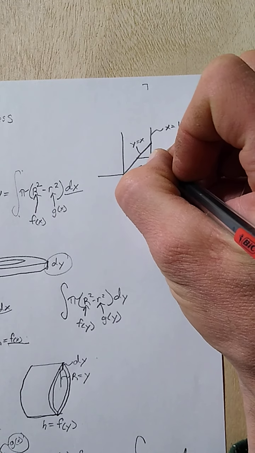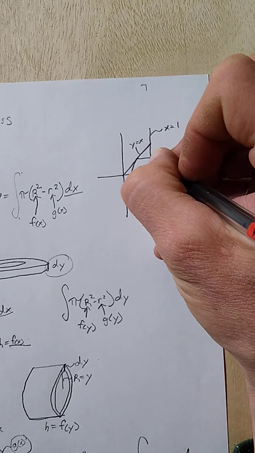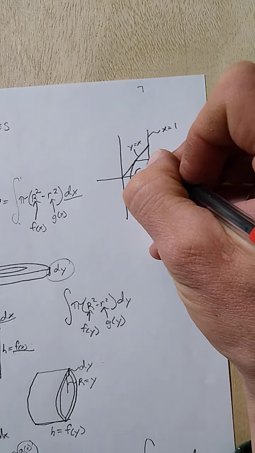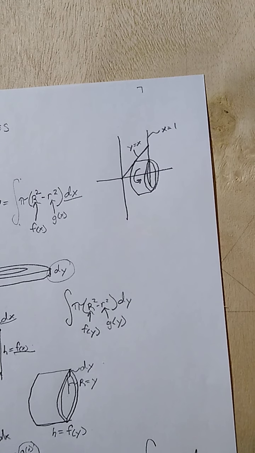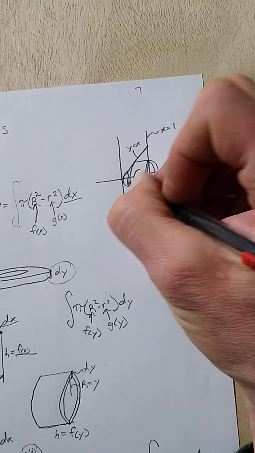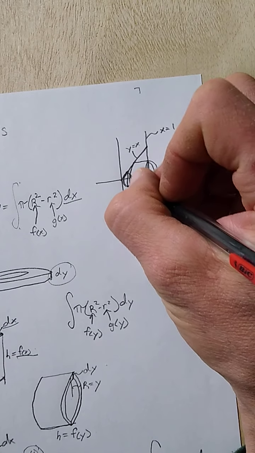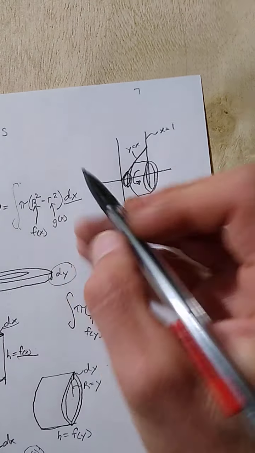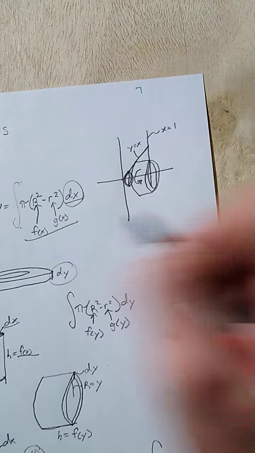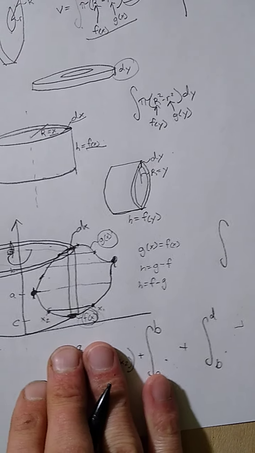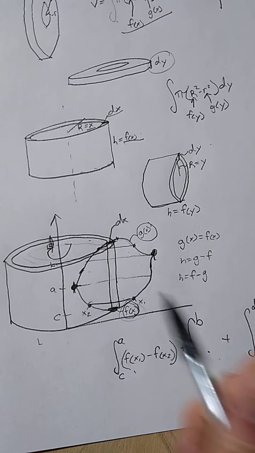If I do it this way, I could do it with shells, or I could totally do it with washers. It wouldn't matter. Just as easy. So in some ways, which one you choose tells you which functions the variable has to be over. But in trying to pick which one, try and make it easy.